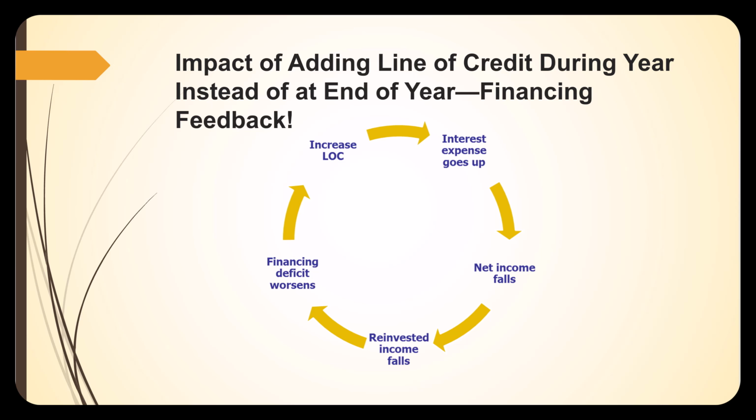Since I increased the line of credit, that increased interest, that changed net income, that changed reinvested income, right? That changes my retained earnings, which also then has an impact on that deficit or surplus. This process is what's called an iterative process. So every time we do that, there's going to be a change.